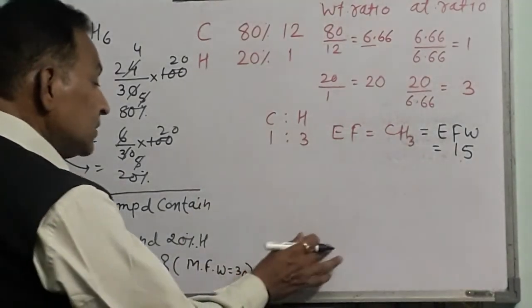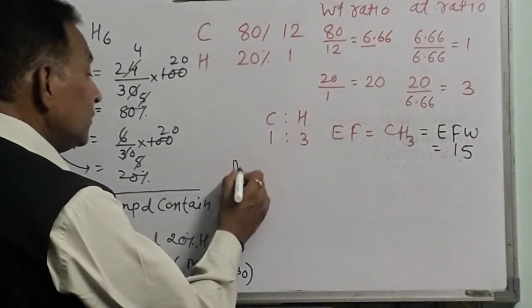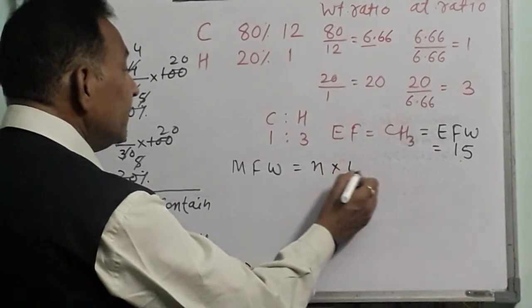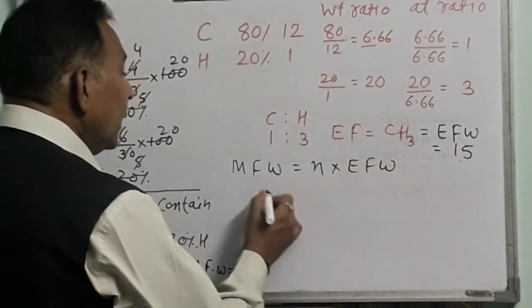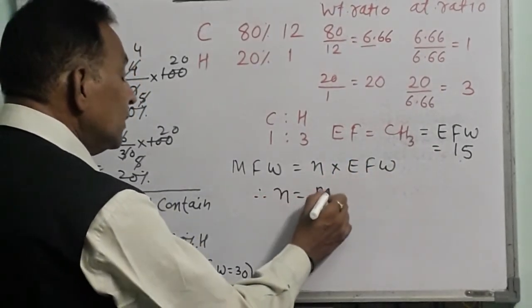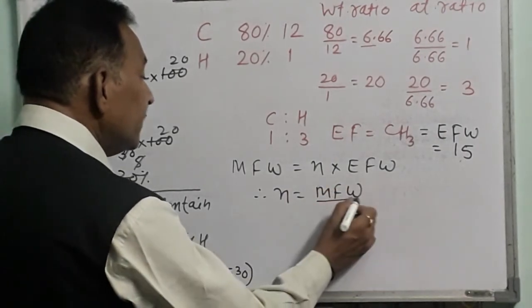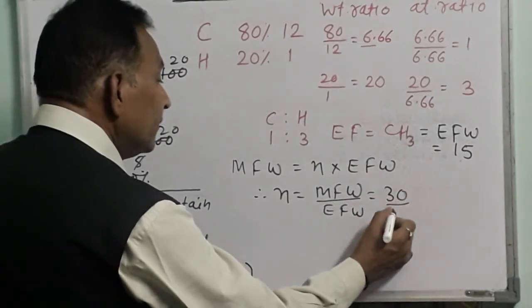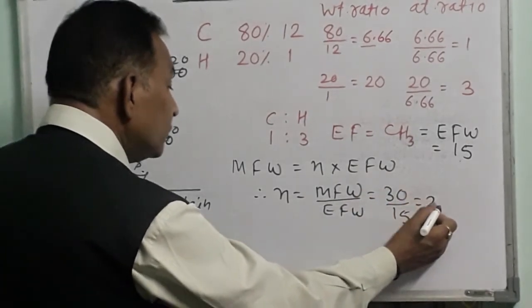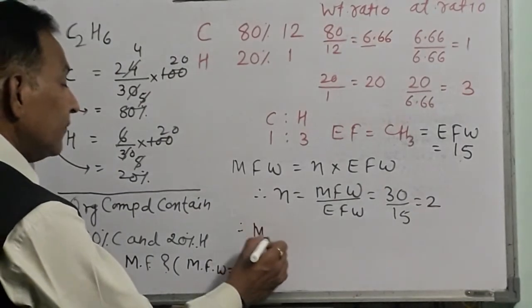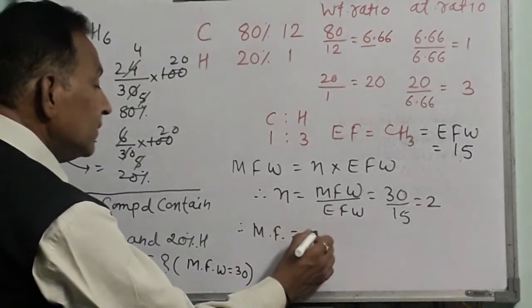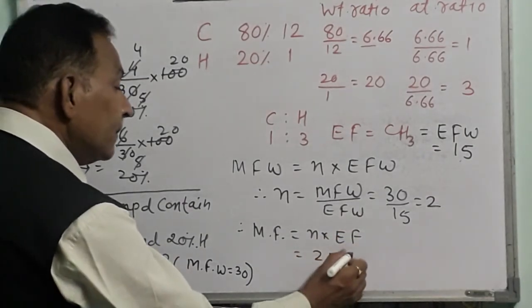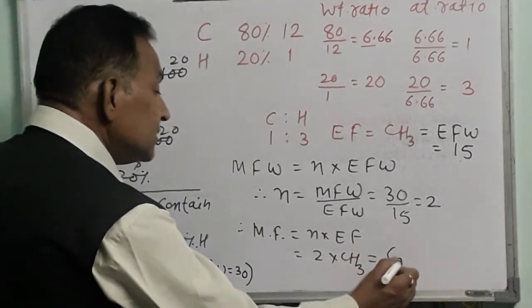Now we can use our previous formula: molecular formula weight is equal to n multiplied by empirical formula weight, and therefore n is equal to molecular formula weight divided by empirical formula weight. It comes out to be 30 divided by 15, so the value of n is 2, and therefore molecular formula is equal to n multiplied by empirical formula, that is 2 multiplied by CH3, and it is C2H6.